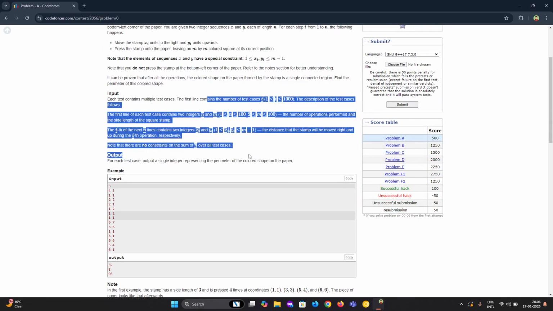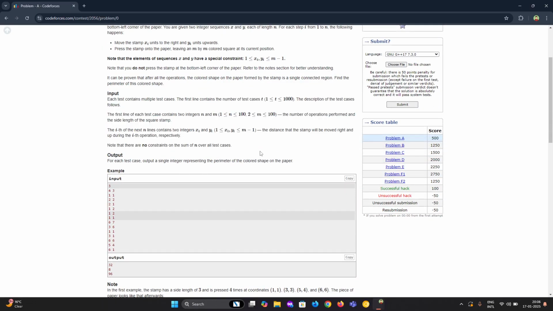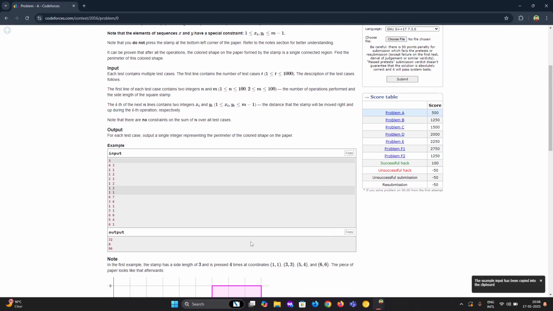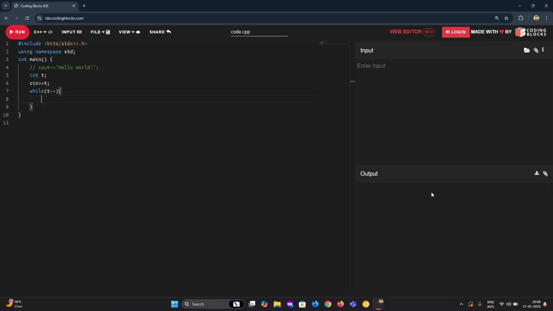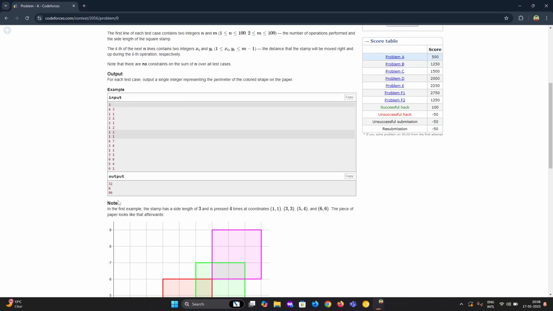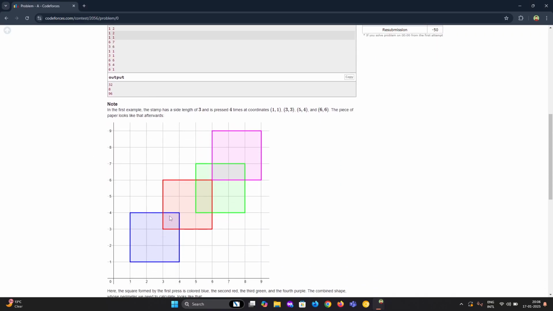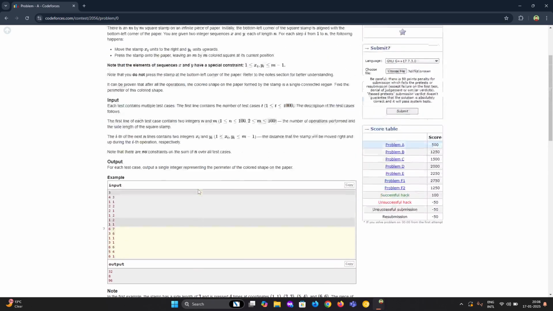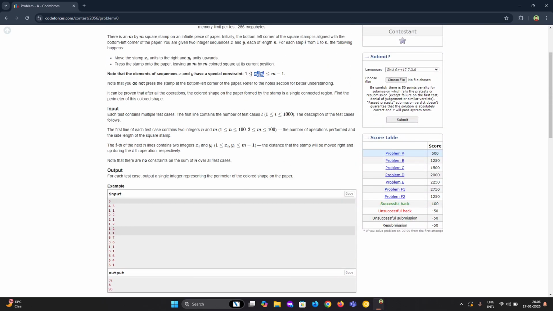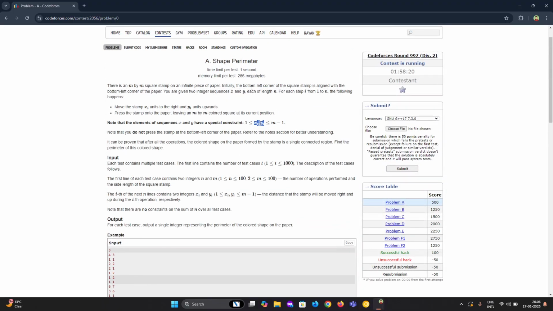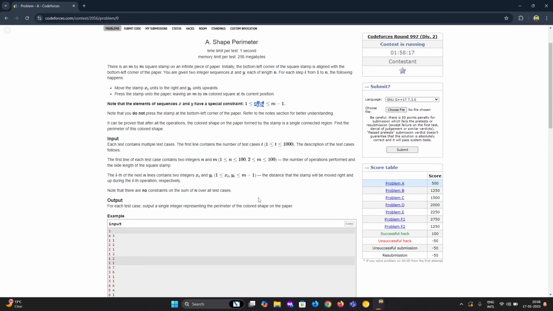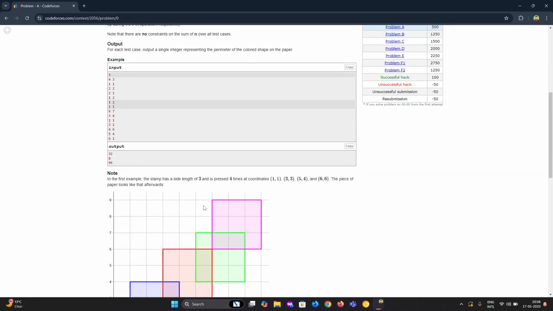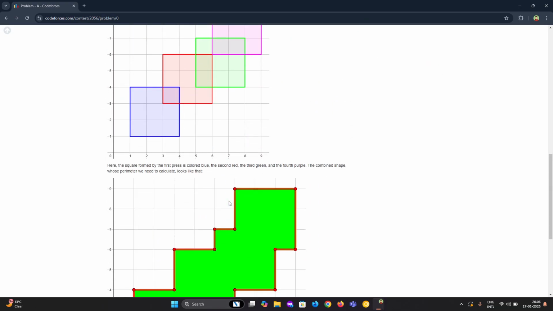Okay, so T, N, M, and then the integers x, y. Okay, got it. So we have T and then, they will always overlap because the distance they will be traveling would be m minus 1, while going to the right and while going up, so they'll always overlap.